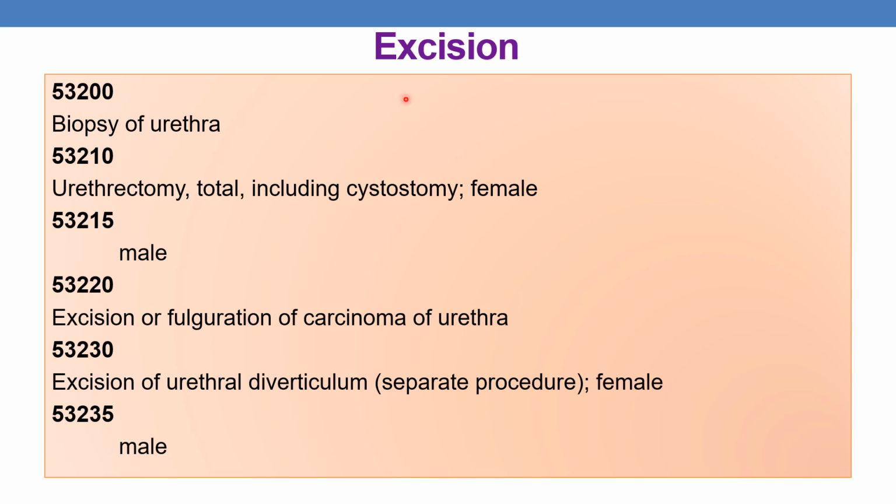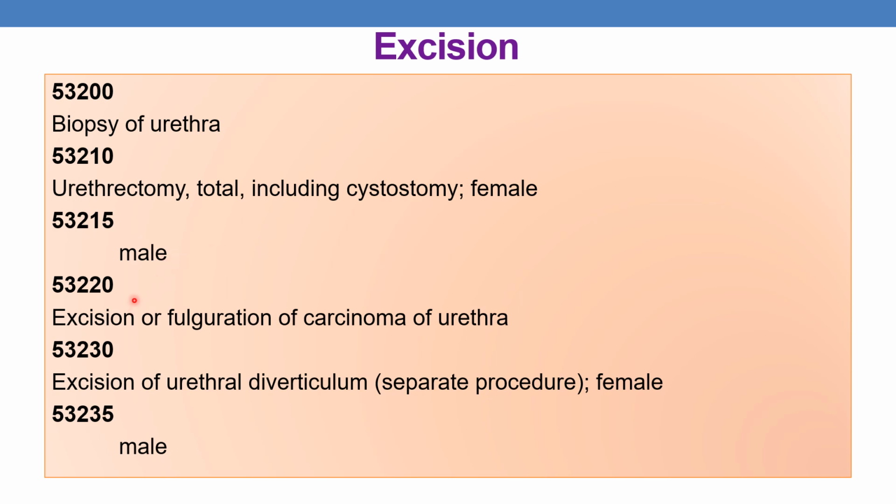Now coming to excision CPTs. The first one is 53200, which deals with biopsy of urethra. The next is 53210, urethrectomy. Ectomy means surgical removal. Urethrectomy, total, including cystotomy, female. The next is 53215, urethrectomy, total, including cystotomy, male.